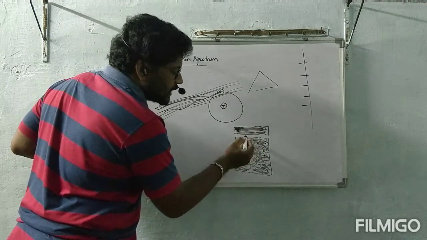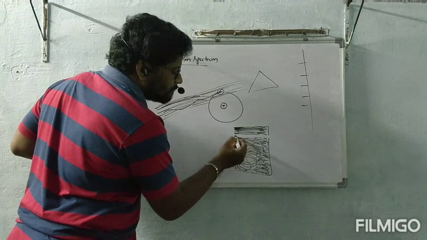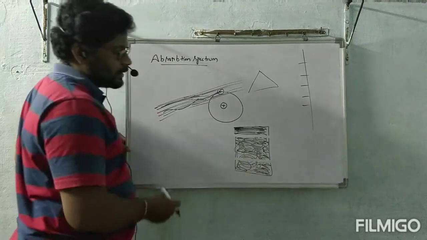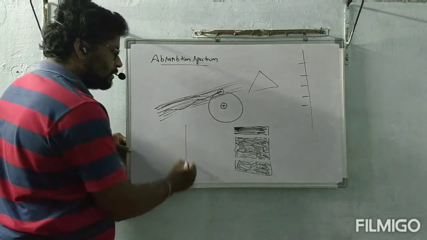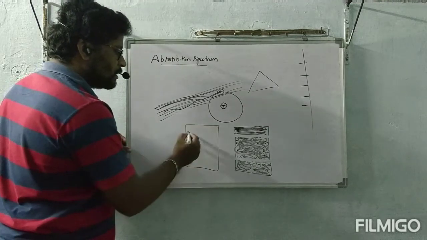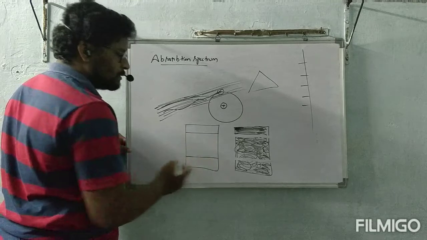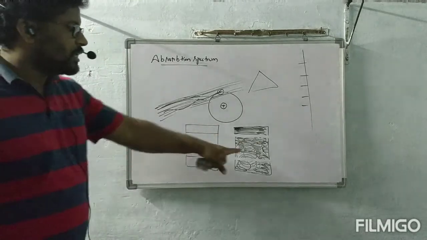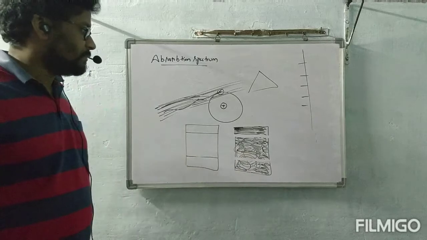This is a dark line, a black line, and one more line is formed like this. Previously we observed it the other way. Now it is completely reverse. This is absorption spectrum, this is emission spectrum.